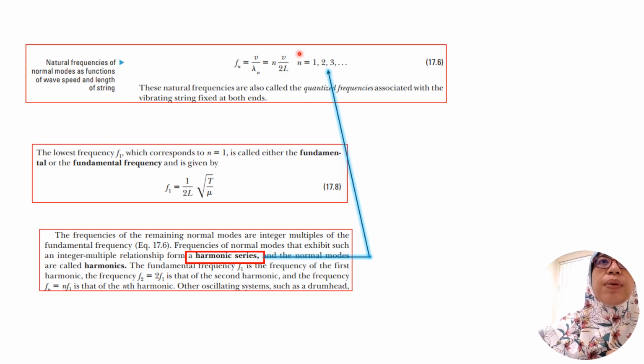So this expression is very important because they're going to ask you what is the resonant frequency for the third harmonic, fourth harmonic, fifth harmonic, or the fundamental harmonic. So how to solve it? Use this expression. Okay.